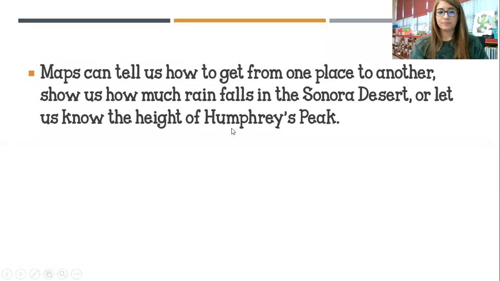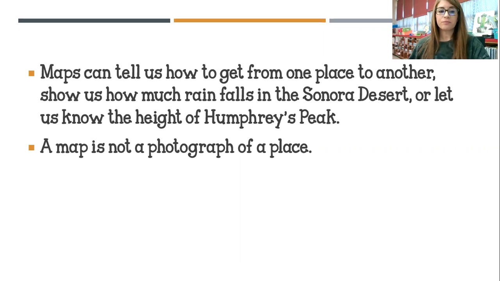All right. Maps can tell us how to get from one place to another. They can show us how much rain falls in the Sahara Desert, or they can just let us know the height of Humphreys Peak or different mountains throughout the world as well. A map is not a photograph. So someone did not snap a picture of the place and turn it into a map.